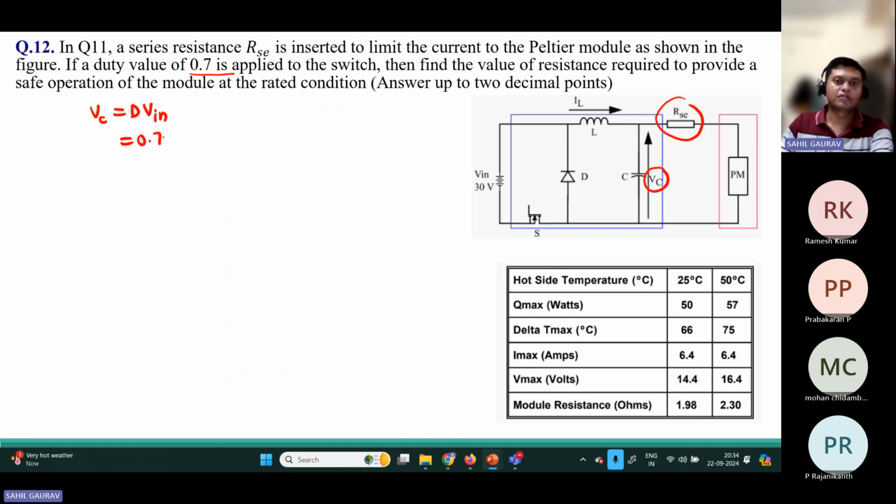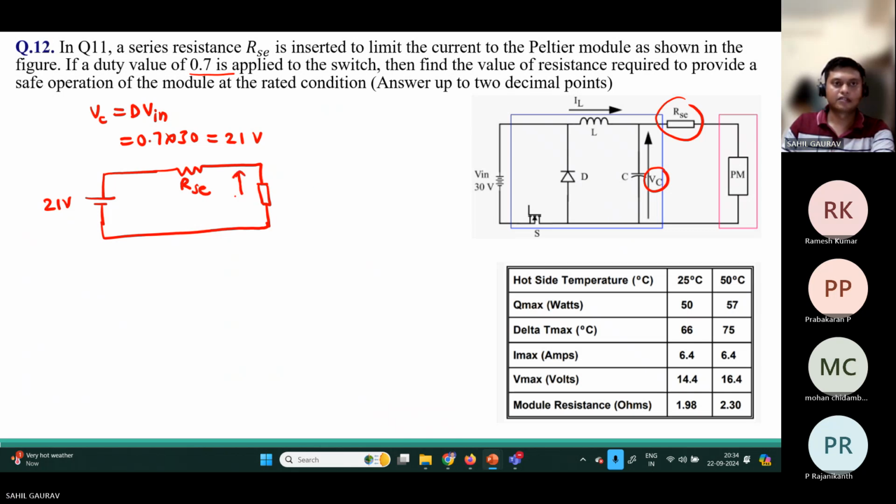The duty ratio is 0.7, V in is 30, so 21 volt is the VC voltage. Now we have this 21 volt and this series resistance RAC, and we have to find VPM and IPM.